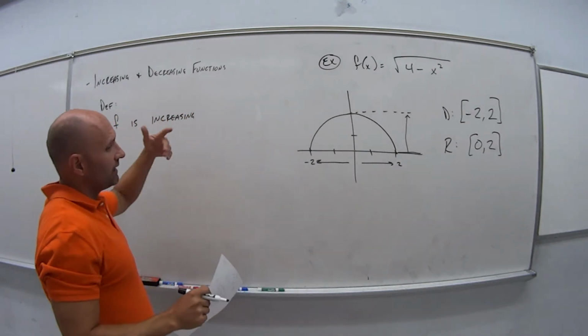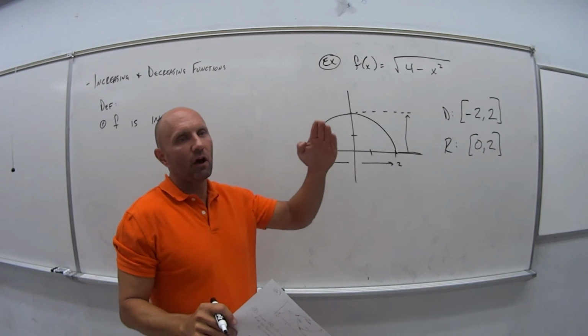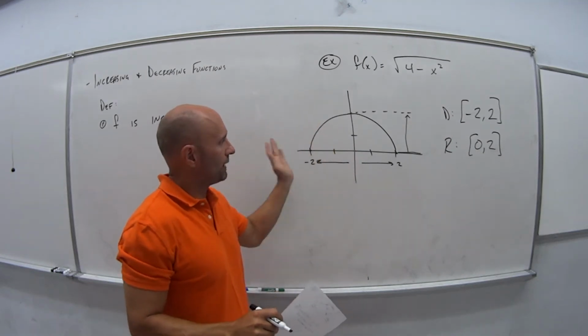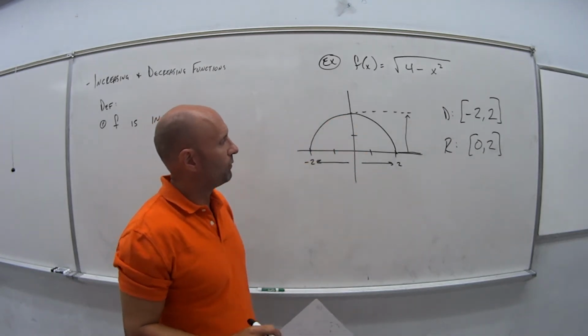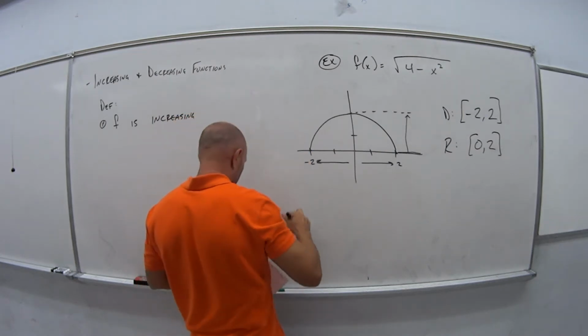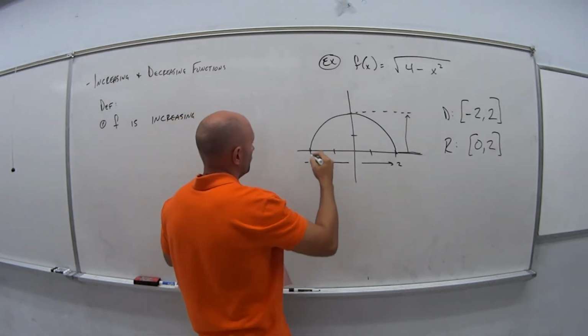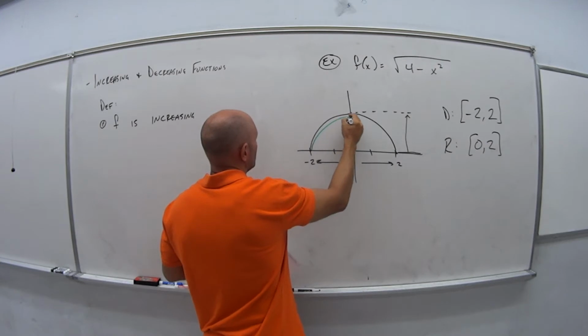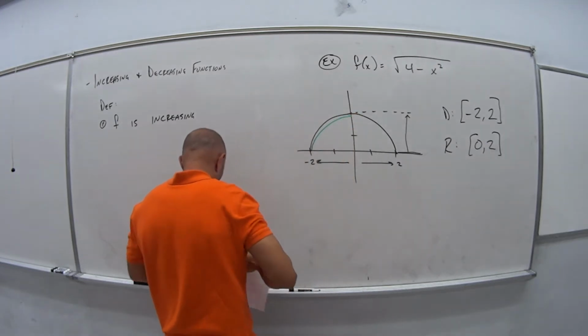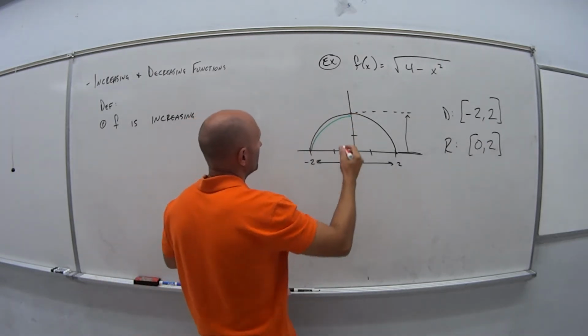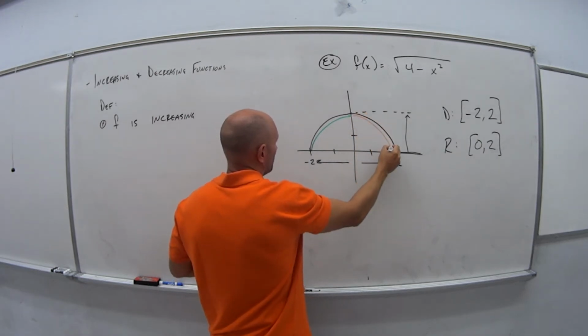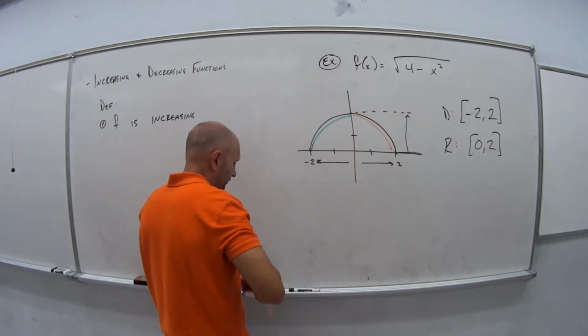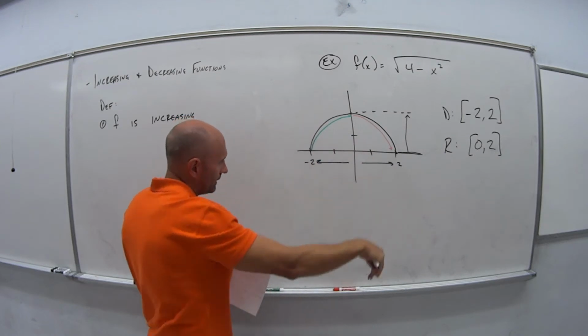As we'll see, an increasing function just means it's going uphill as we move from left to right, and decreasing means going downhill as we move from left to right. So this guy would be increasing up to here, but decreasing after we get past 0. So is it going uphill or is it going downhill?